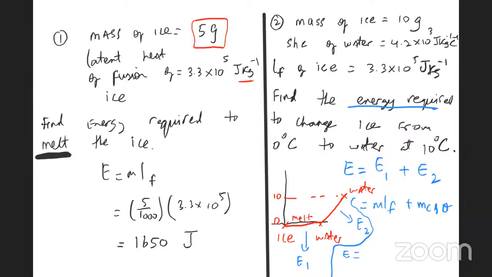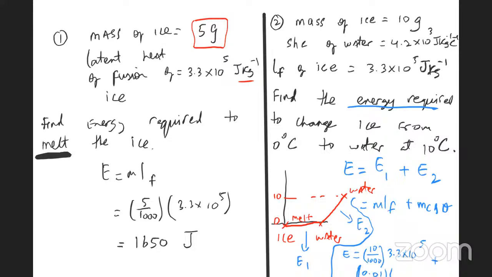So the mass is 10 grams. We had to convert that 10 grams, so that's 10 over 1000. LF is 3.3 by 10 to the 5. Then we add in that, again we had to convert the mass, so 10 divided by 1000 is 0.01.